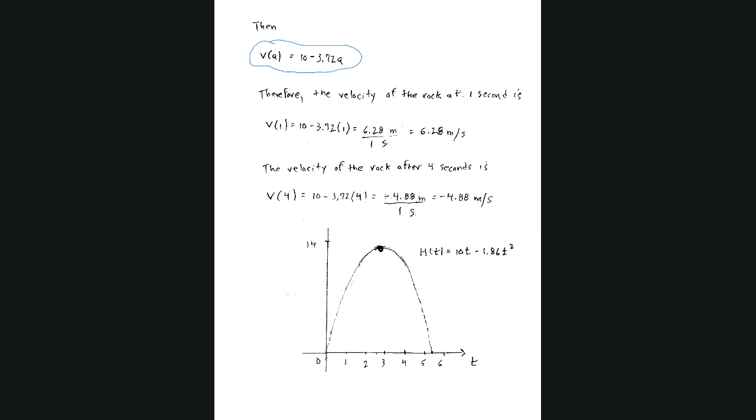And so I can find the velocity. When I say velocity, I'm talking instantaneous velocity, because I'm computing the velocity of the rock at 1 second and after 4 seconds. Now that I have a general formula, I just plug in 1 and 4, and that gets me my instantaneous velocities.